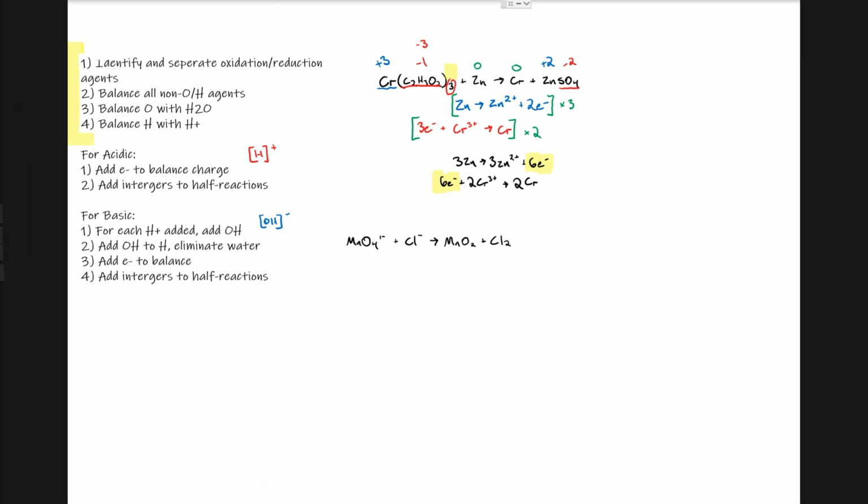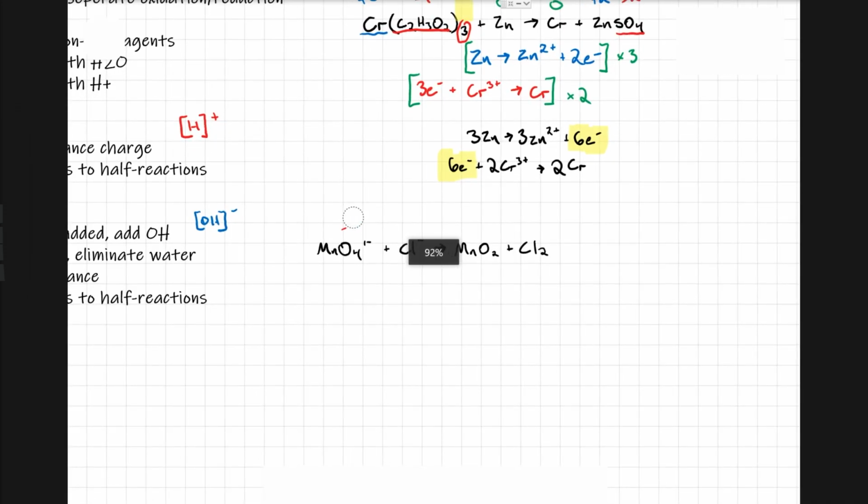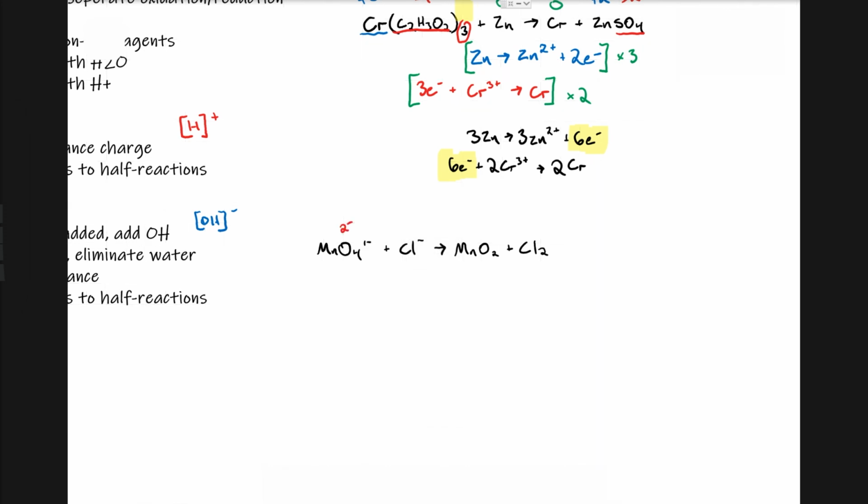Starting out, we know that the oxidation number on oxygen is always going to be -2, unless, of course, it's a peroxide. Just remember, oxygen is almost always -2 unless it's in a peroxide, in which case it's -1.